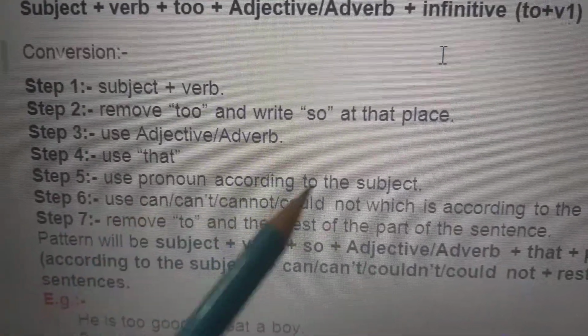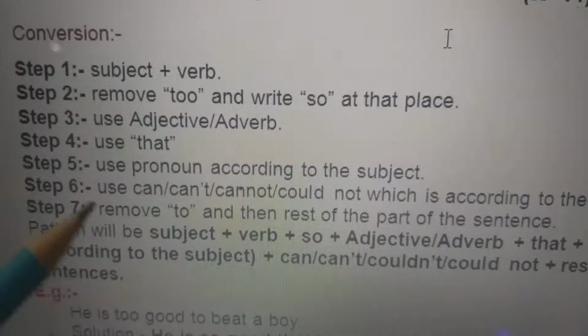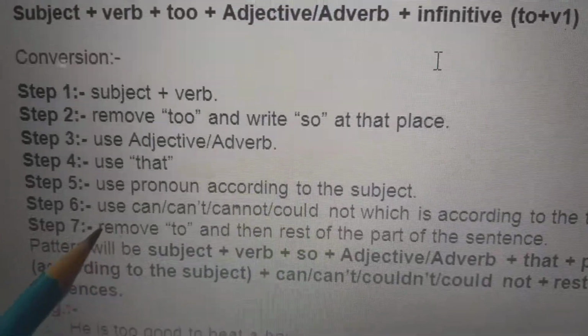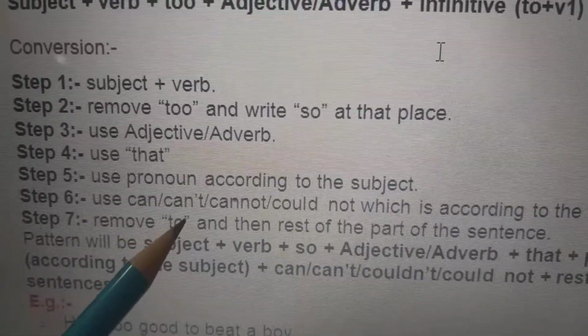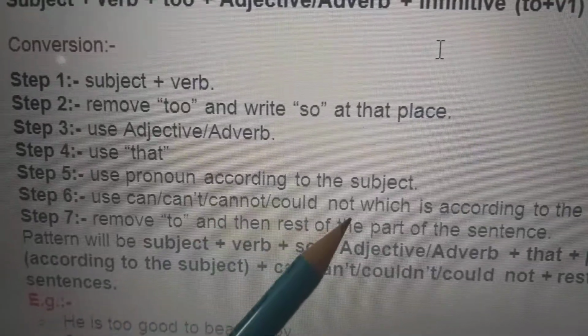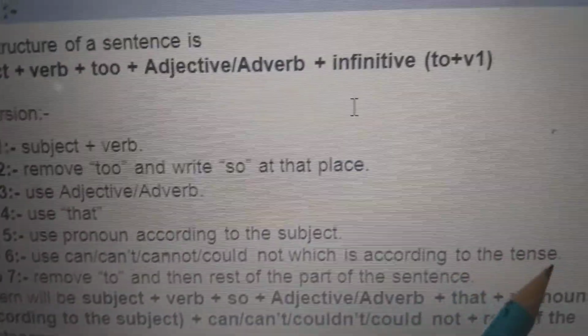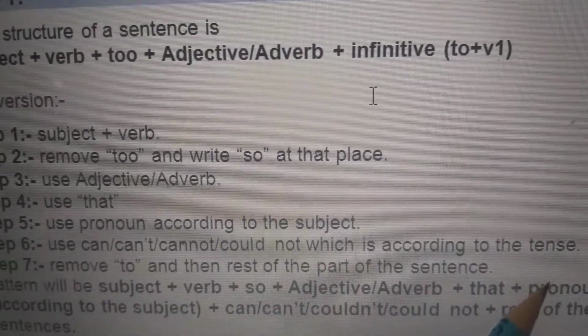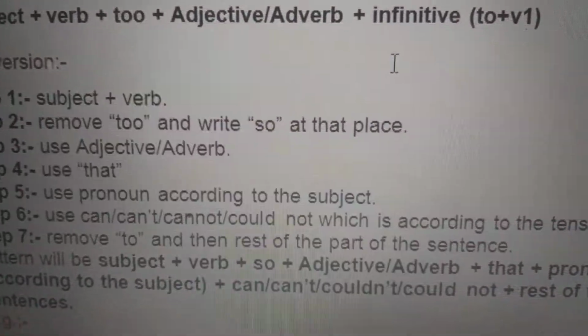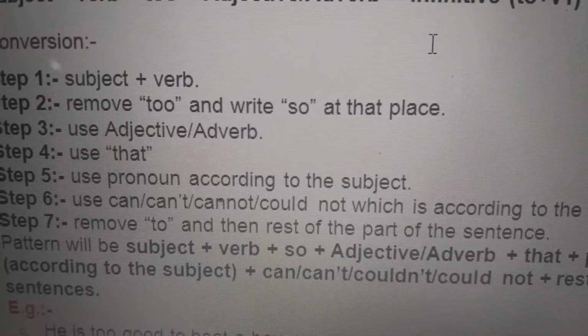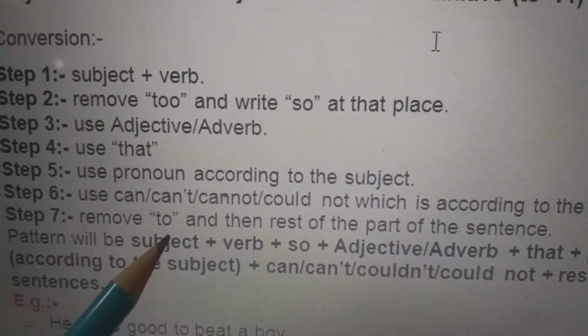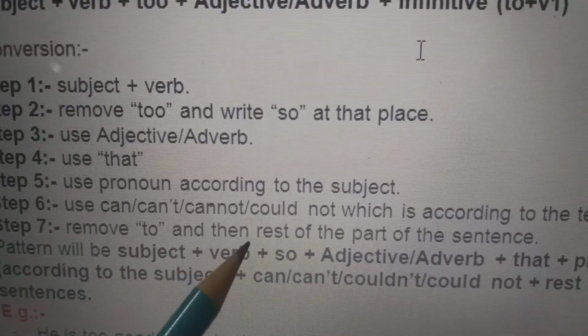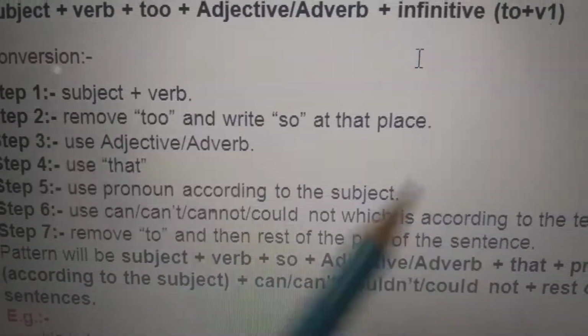So according to that we change or use it. Then we use can, can't, cannot, could not, which is according to the tense. In which form of tense the sentence is, according to that we do. Then we remove "to" also if it is there in the sentence, and then the rest of the part of the sentence is written.